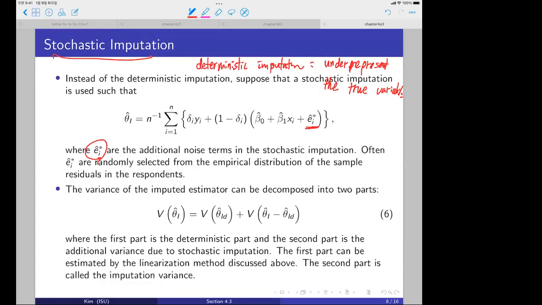Suppose, for example, this is the original variability, and you are interested in computing this proportion. The area here is your parameter.